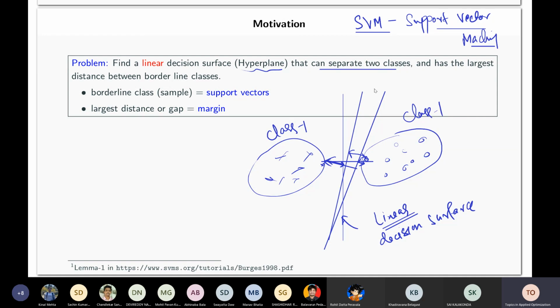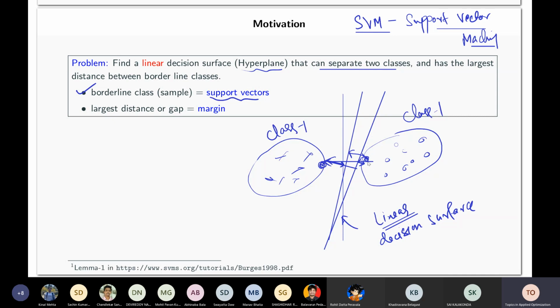So the goal of an SVM is not just to find a linear decision surface, but also to maximize the distance between the two data sets. The borderline samples will be called support vectors.